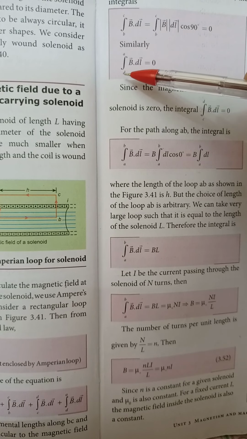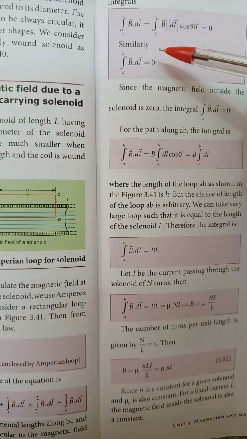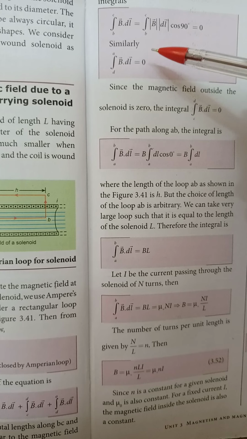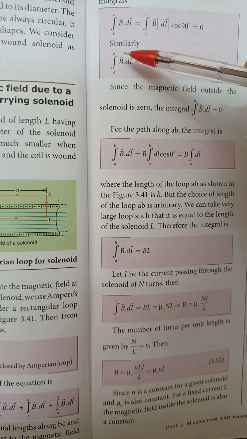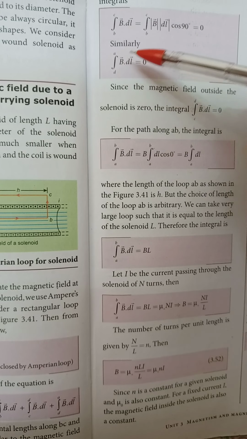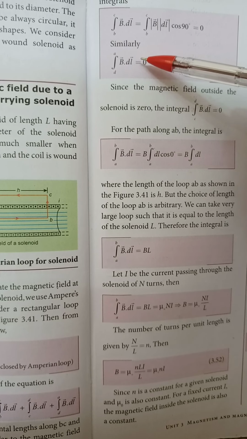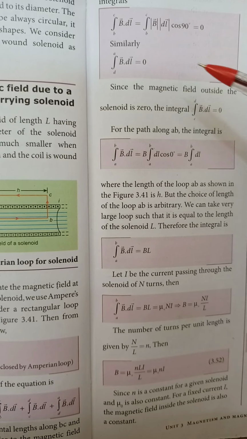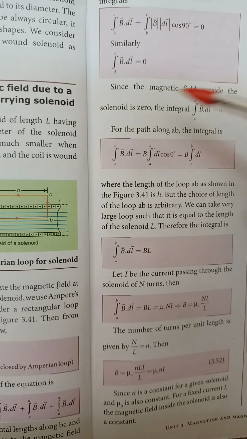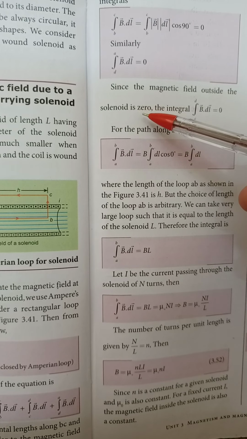Similarly, the integral from D to A of B vector dot dl vector is also equal to 0, since along D to A the magnetic field and dl are perpendicular to each other. The magnetic field outside the solenoid is 0.